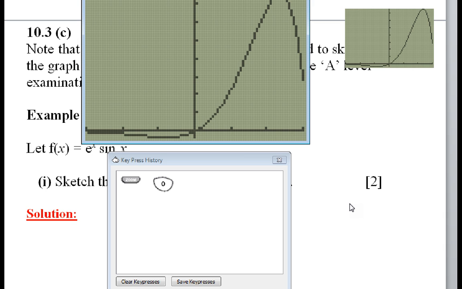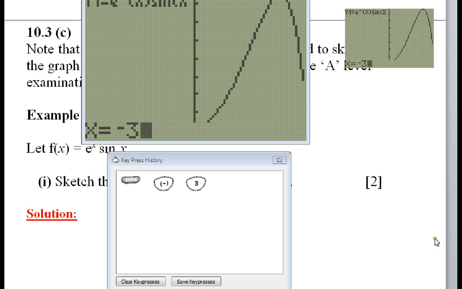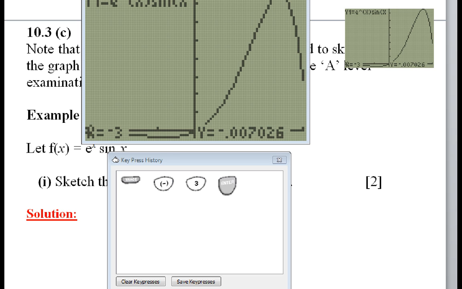But let's be very careful here. Now, when X is -3, what is the endpoint? So on your notes, how do we do it? Or look up. How do we do it? I will click trace once. And then I click -3, enter, I will get my y coordinate.